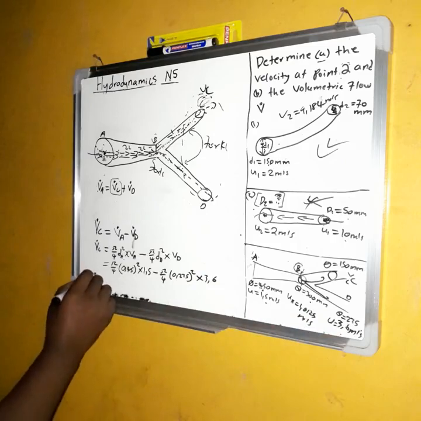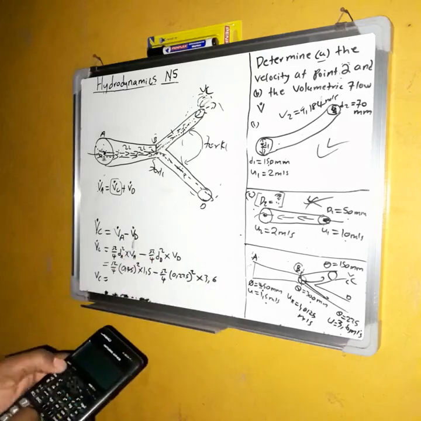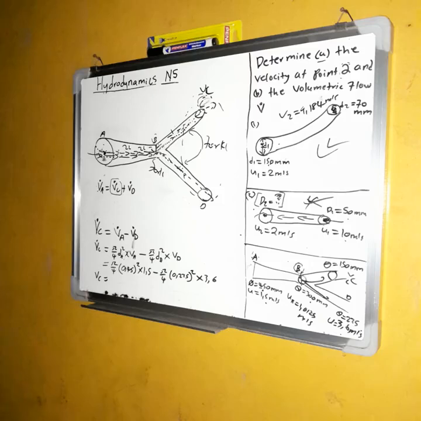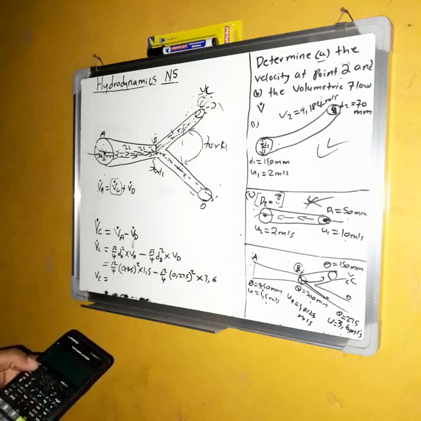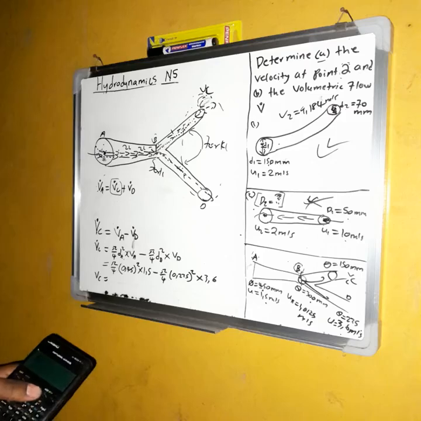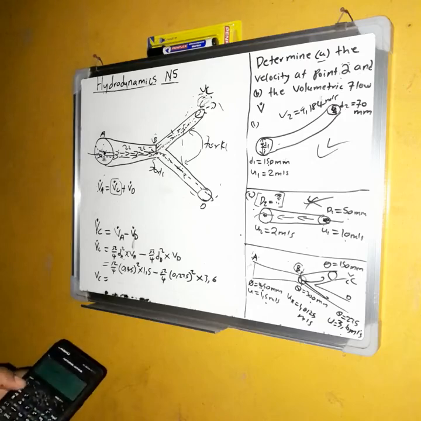Then VC is equal to, punch this on the calculator. Pi over 4, 0.5 squared multiplied by 1.5.